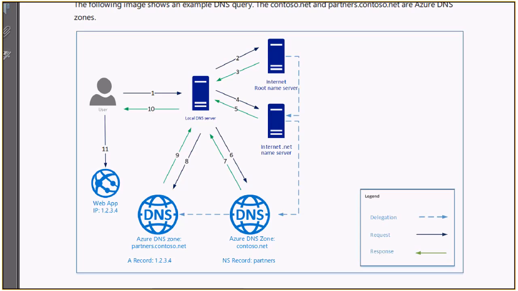An A record is nothing but the address record which is associated with your websites, and then it will be found through DNS. And the NS record is a name server record which is used for that. Suppose you have cloudaz.com and that IP address would be associated with it, and it will finally validate all the things and then send the information to the user, and it will directly connect to your cloudaz.com. So the DNS server would be working in this way.